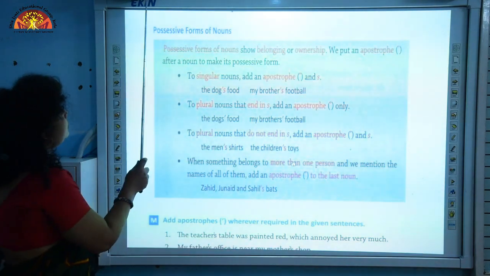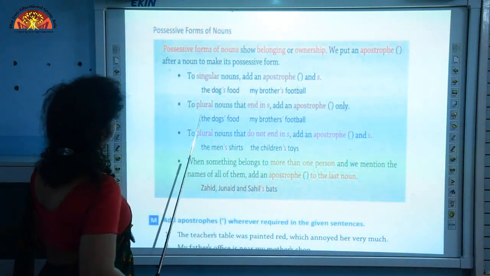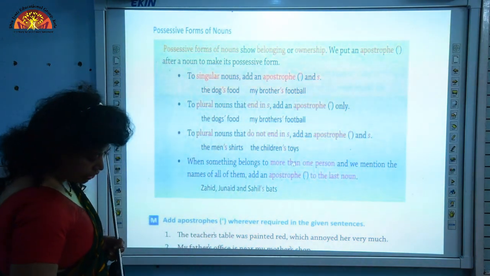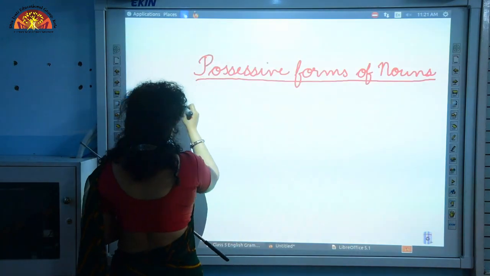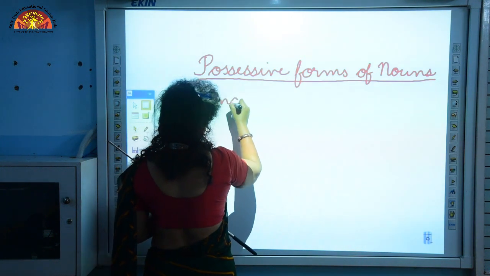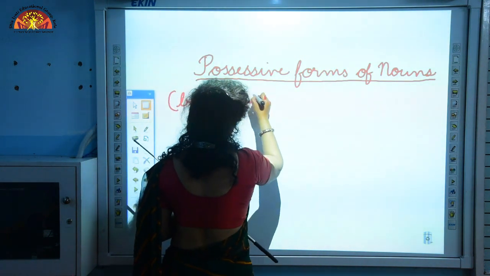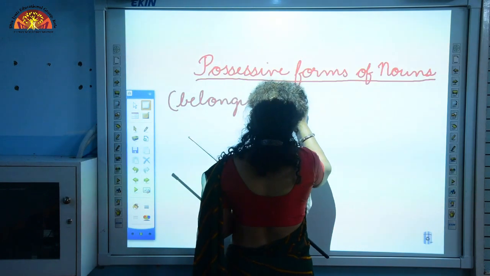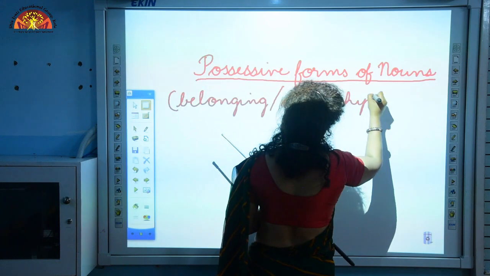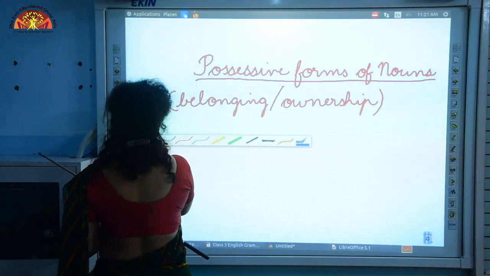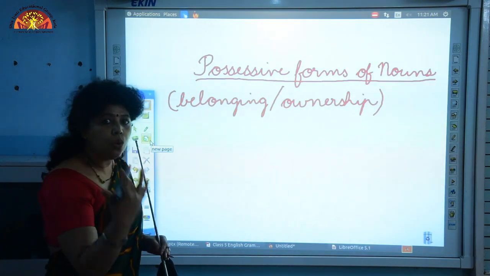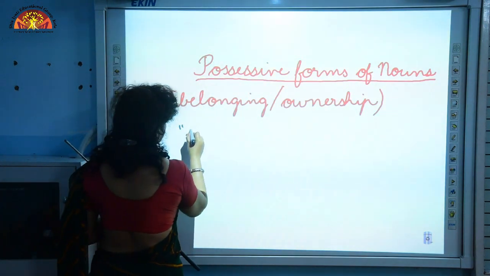Now we shall learn about possessive forms of nouns. Possessive forms of nouns show belonging or ownership. Basically, it gives an answer to the question whose.